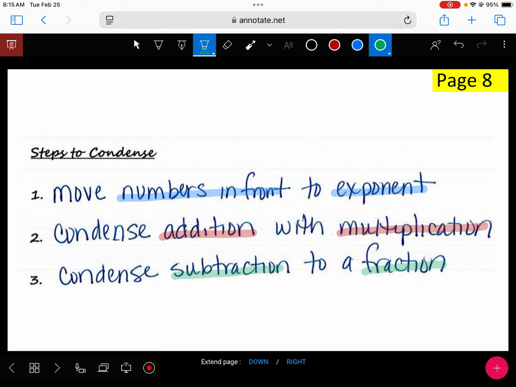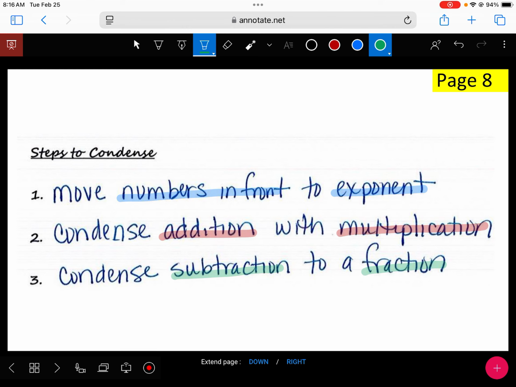Everything is flipped. So everything that we did yesterday is going to flip from what we did yesterday. We're going to do the opposite today.